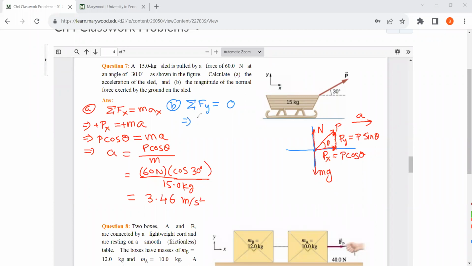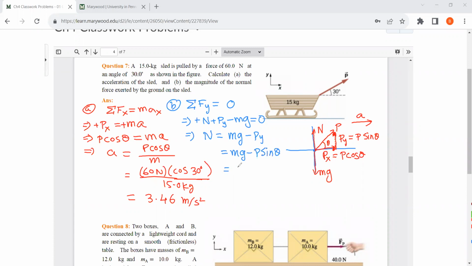On the left hand side we have several forces: N positive, plus Py, and minus mg, that is equal to 0. So N will be mg minus Py, or mg minus P sine theta.